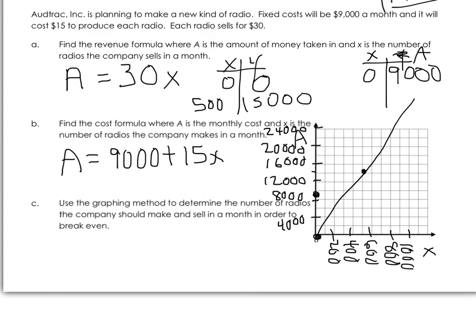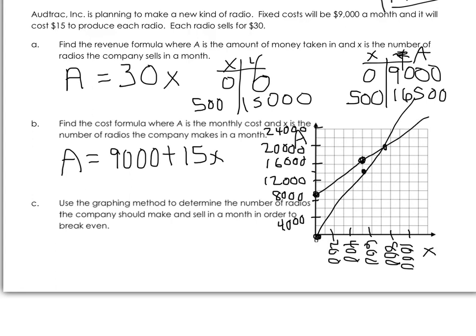If x is 500, we have 500 times 15 plus $9,000, $16,500. So 500, $16,500. Boy, these numbers are so large.